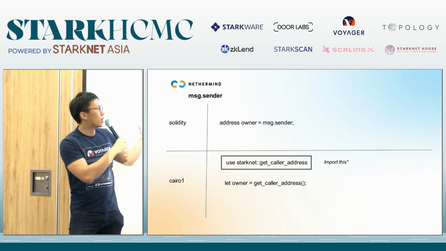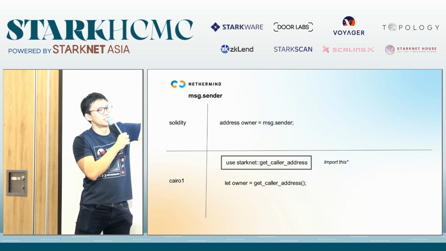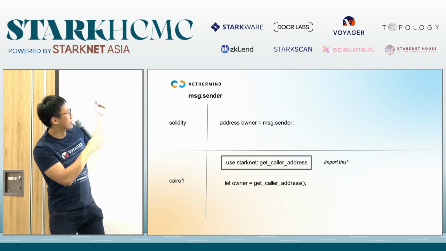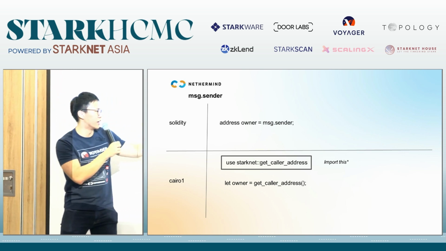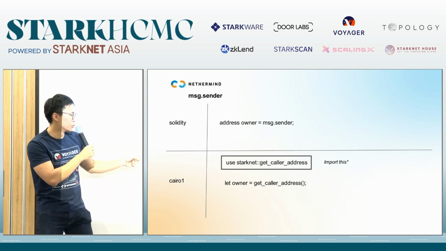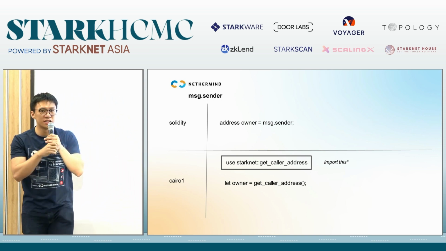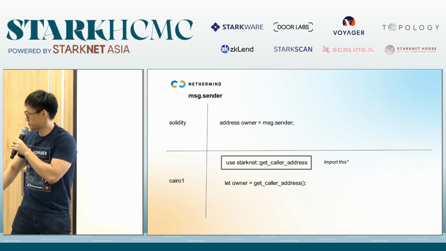In Solidity, it's just message.sender. In this case, the owner is the sender. How do you do it in Cairo? You have to import a function from a crate or module, and then you call get caller address instead. So again, we can see that this is merely a syntax change.